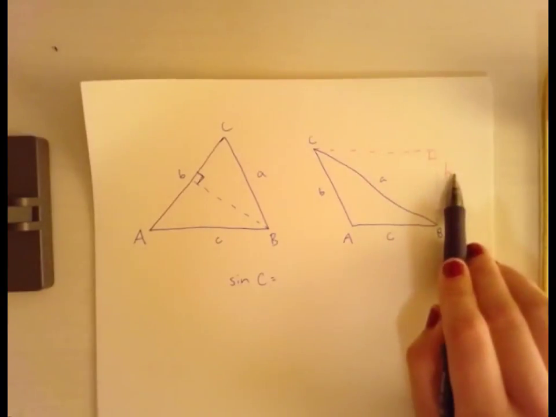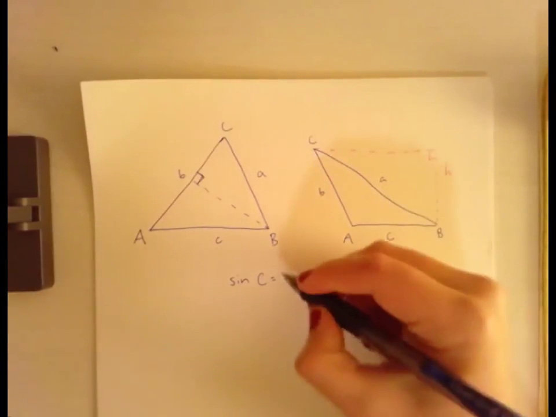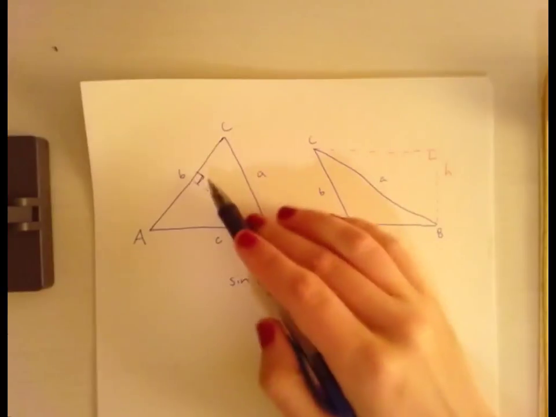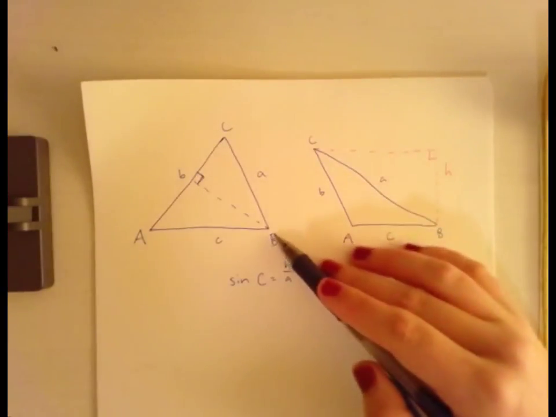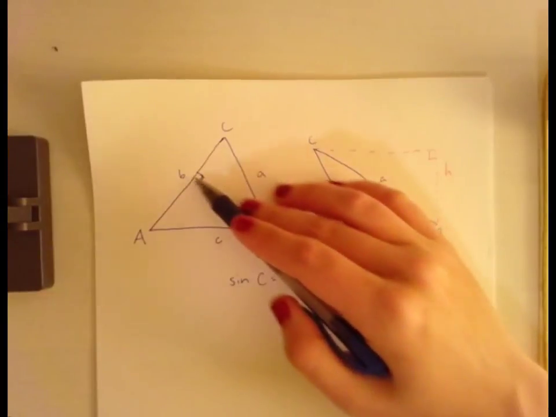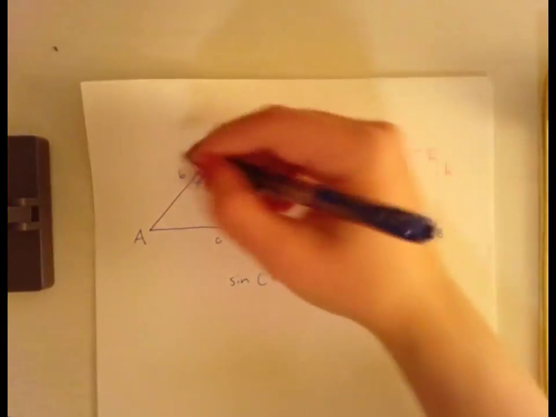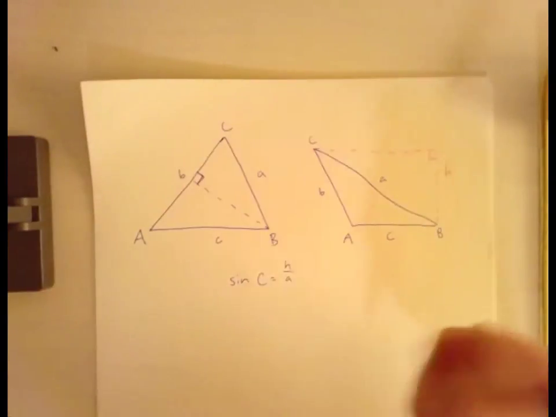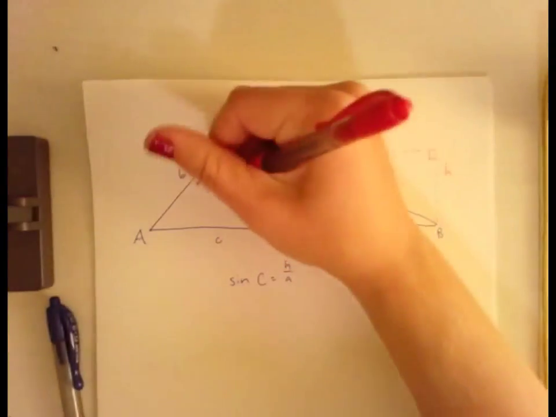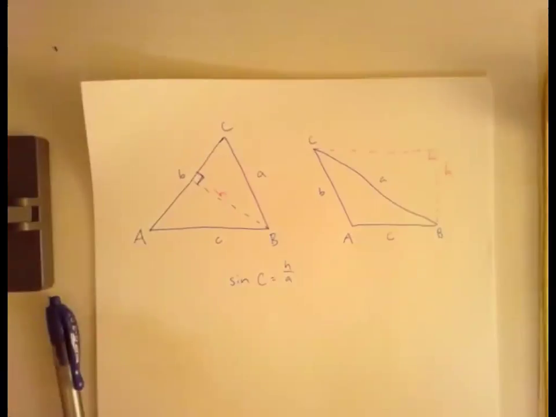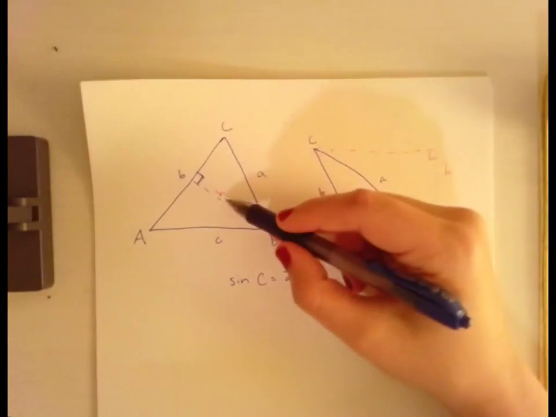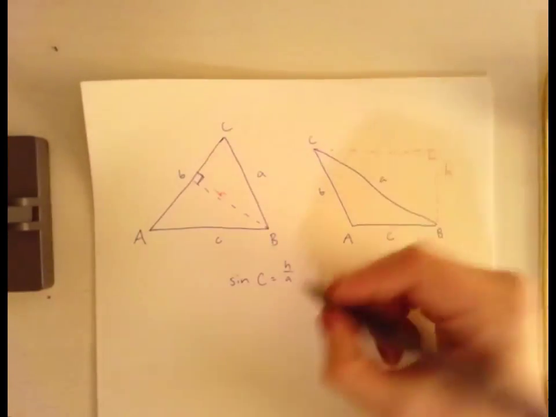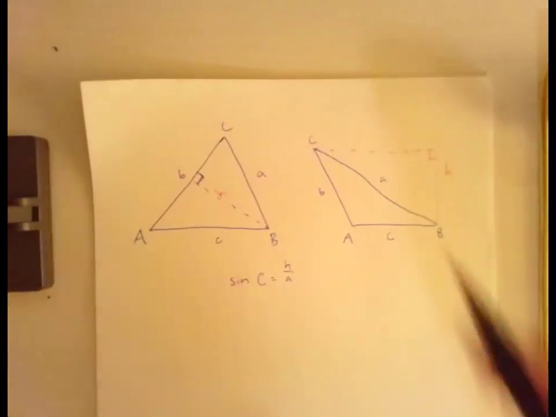Sine of C is opposite H over hypotenuse A. Over here in this right triangle, the opposite length, H, I didn't label that before, let me do that now. The altitude I drew is also H, correct? Over hypotenuse A, H over A. So in both cases it fits.